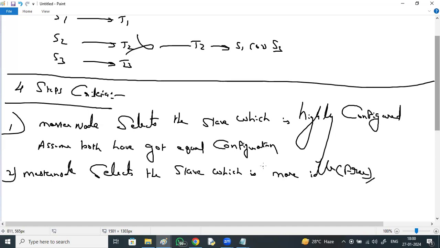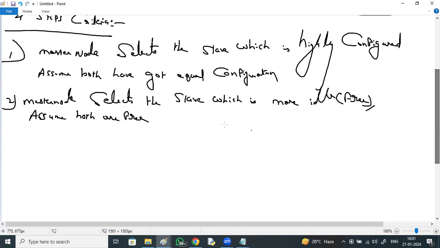S1 is executing 5 tasks, S2 is executing only 2, so assign to S2. Assume both are free, both are not executing any task.